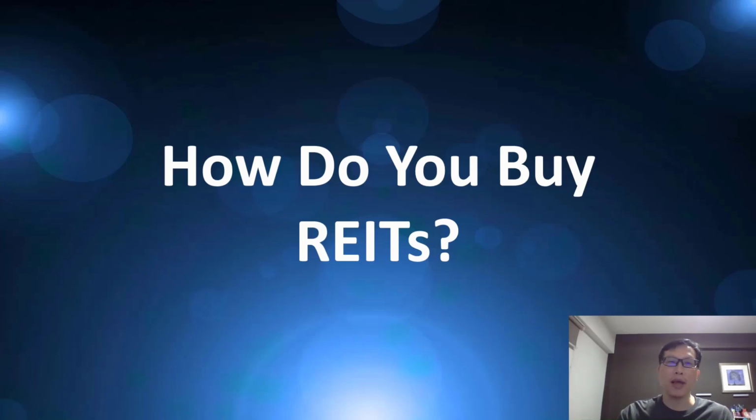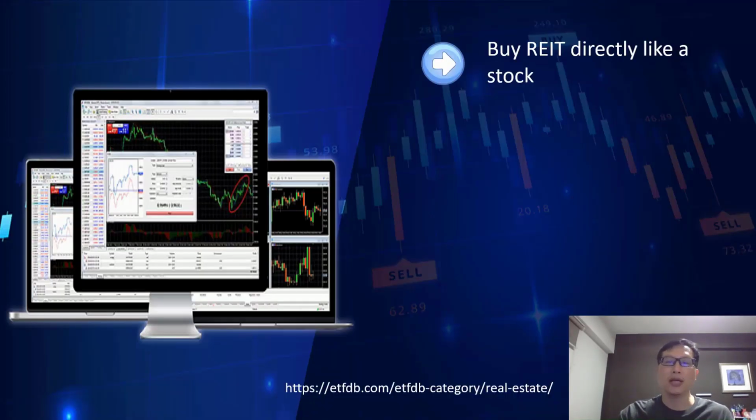Now, what are some of the ways that you can buy REITs? You can simply buy them directly, just like how you go about buying a stock. But if you want some expert overseeing your REITs for you, you can buy REIT mutual funds. However, these mutual funds add another layer of fees that you need to pay for.